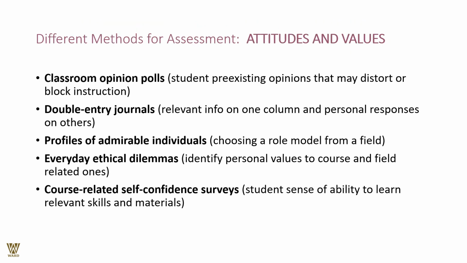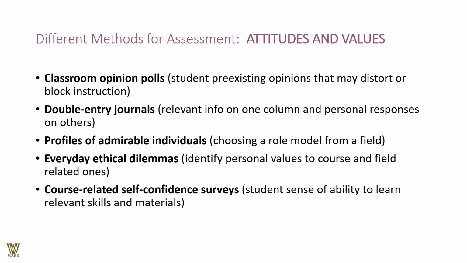Next is all about your attitudes and your values, as in classroom opinion polls. Students' pre-existing opinions may distort or block instruction. Double-entry journals, relevant information in one column and personal responses in the other. Profiles of admirable individuals, the motivators and role models from a field. Everyday ethical dilemmas, identifying personal values related to a course and a field.